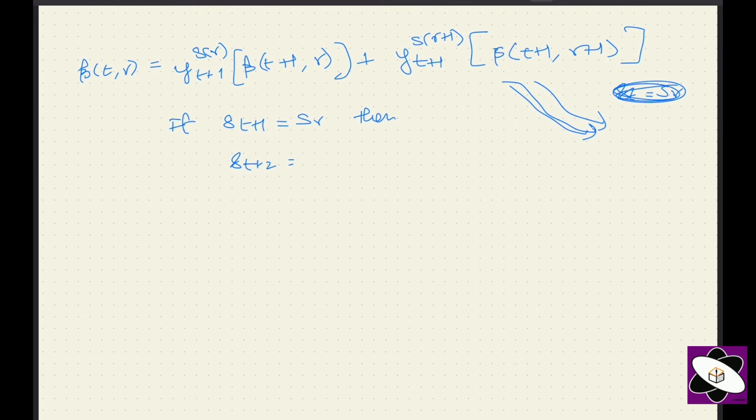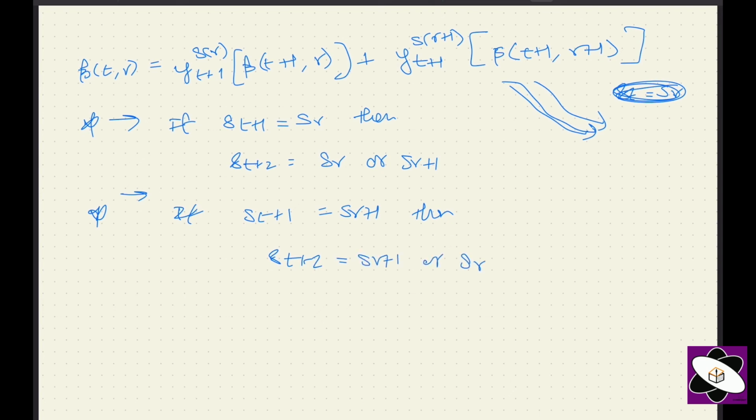So s_{t+2} can be s_r or s_{r+1} only, and if s_{t+1} is equal to s_{r+1}, then s_{t+2} can be s_{r+1} or s_{r+2}. And then again we get rid of conditional dependency, nothing but conditional independence.